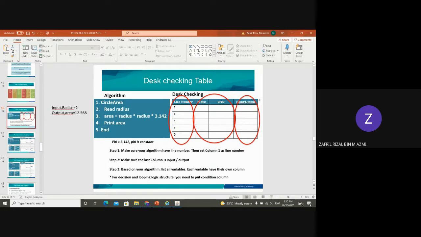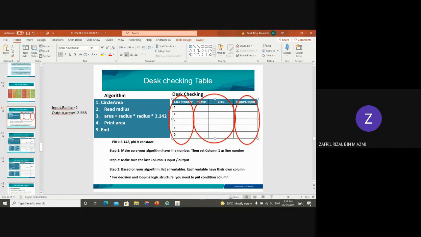The desk checking table consists of line numbers. This line number should tally with your algorithm line number. So if you have 5 lines of instruction in your algorithm, your desk checking should have 5 line numbers. If you have 10, this should be 10. Then list down all the variables, each column for one variable.